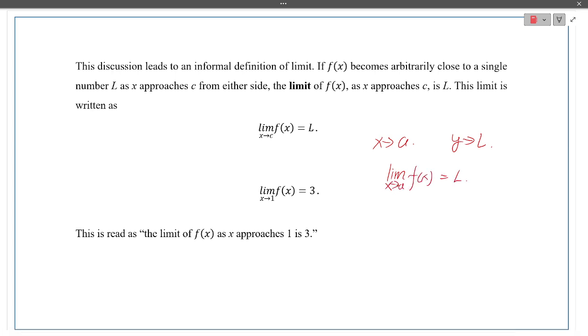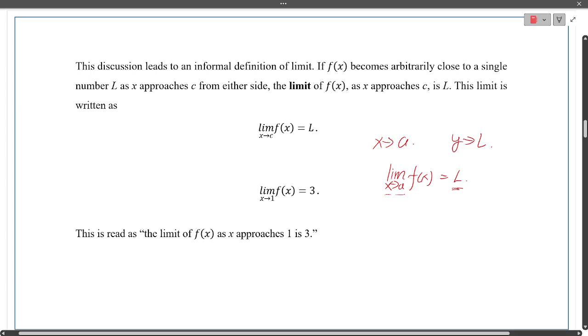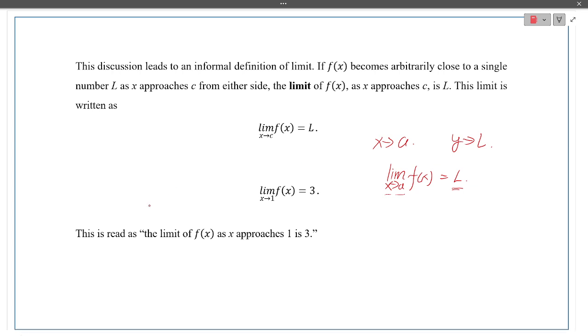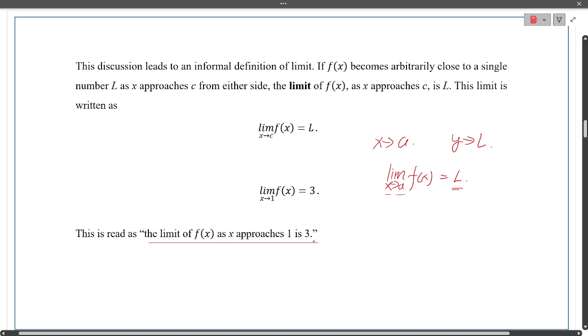So here the right arrow means x approaches a. And the limit notation with f(x) means that the y values get closer and closer to L. And this notation can be read as the limit of f(x) as x approaches 1, which is 3.